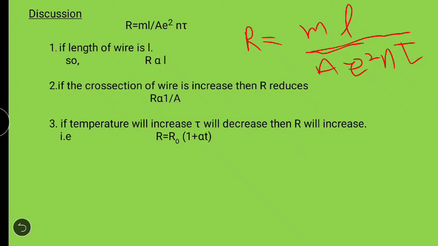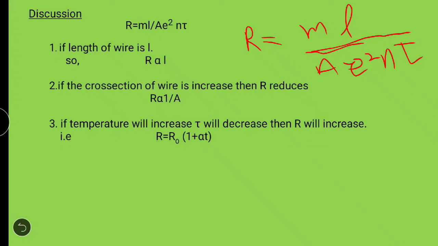The initial velocity of the electron will increase, so the time taken between two collisions will decrease. When the time taken between two collisions will decrease, resistance will also increase.